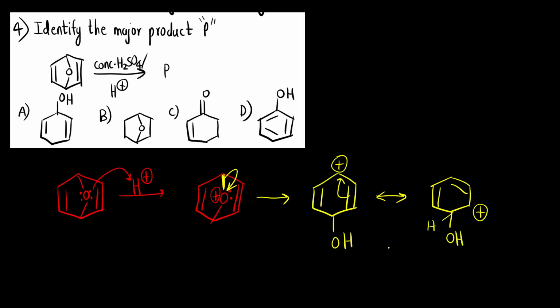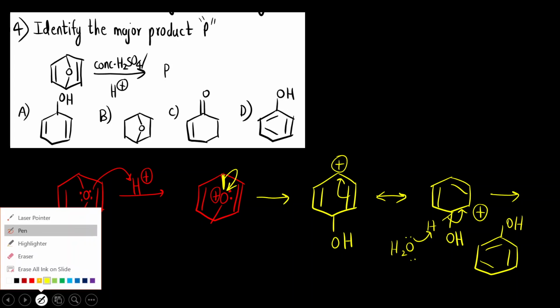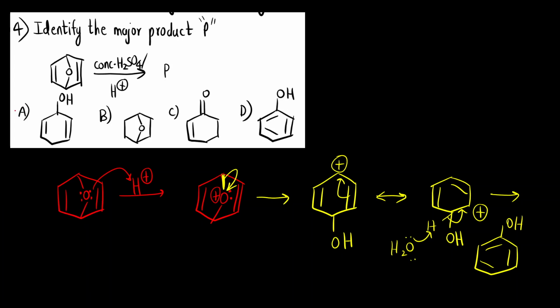Here one hydrogen is also present. Water will be present in the solvent medium, so that will abstract this proton. And the final product is going to be phenol. So if you had marked this option, this is not correct because the reaction will not stop here. Option D is the correct answer because phenol is aromatic, so that is more stable. So the correct answer for this is option D.